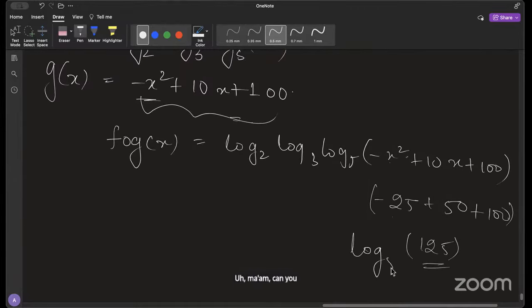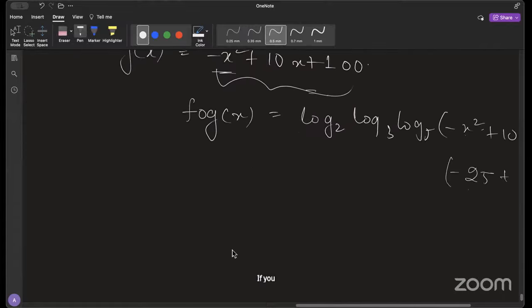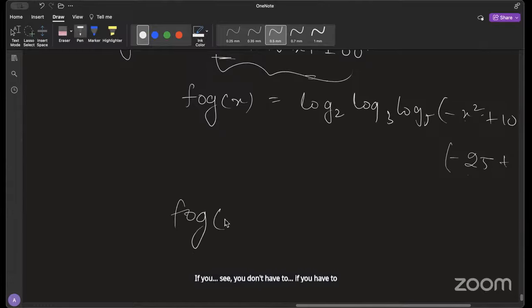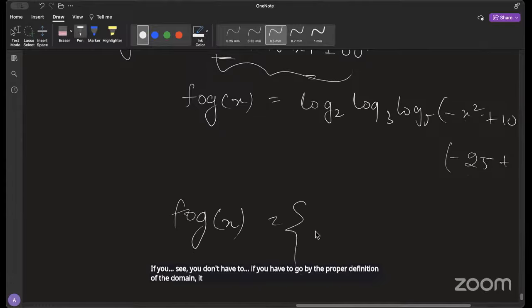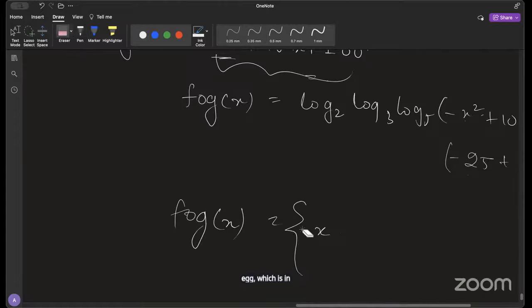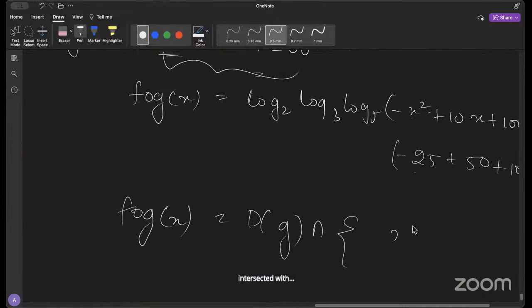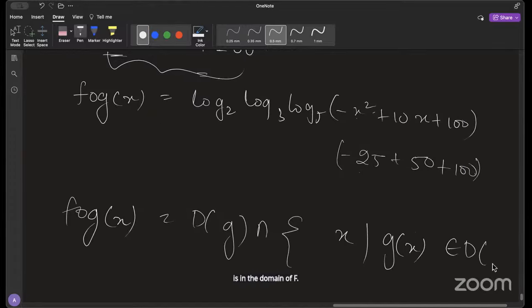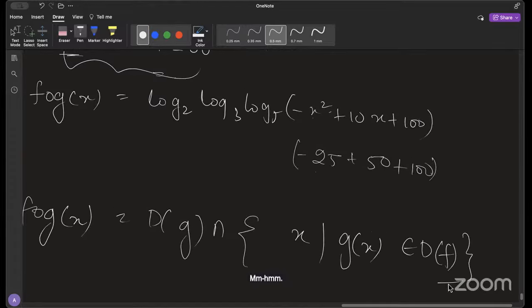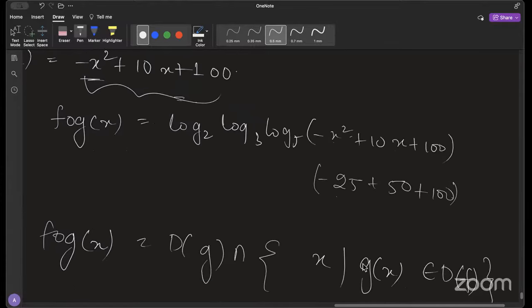Ma'am, can you define the domain of FOG of x? If you go by the proper definition of the domain, x has to be in the domain of G, so it's the domain of G intersected with the x such that G of x is in the domain of F. Yes, ma'am, exactly.